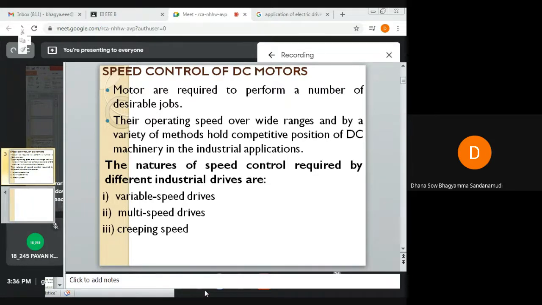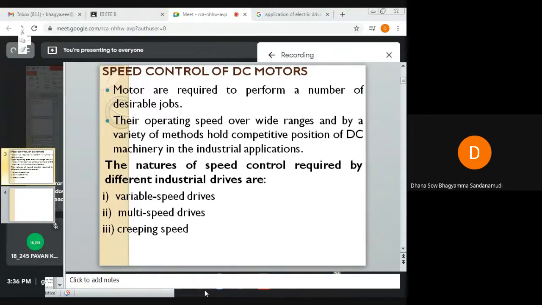If I say variable speed drive, these drives require a continuously variable speed over the range from 0 to full speed. Such drives we will call variable speed drives.